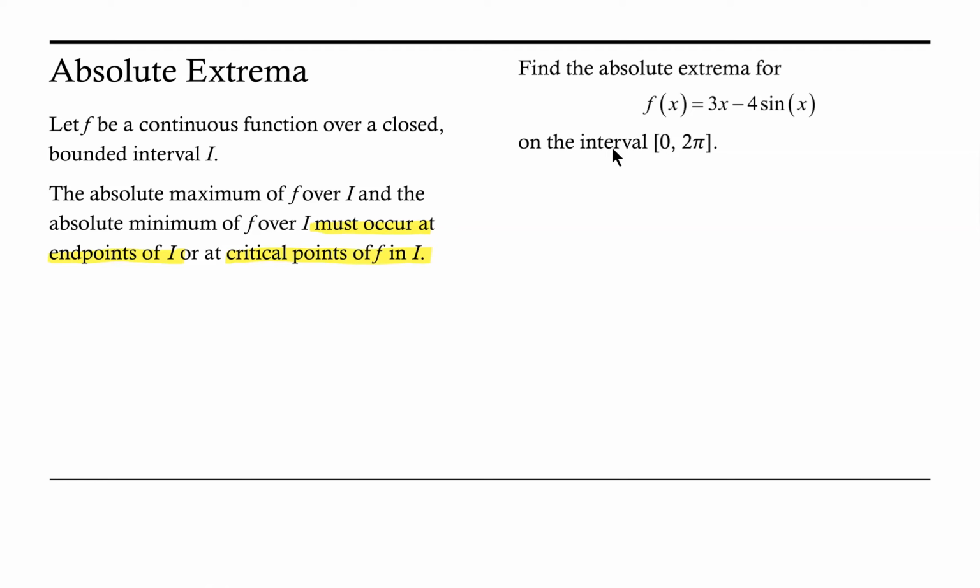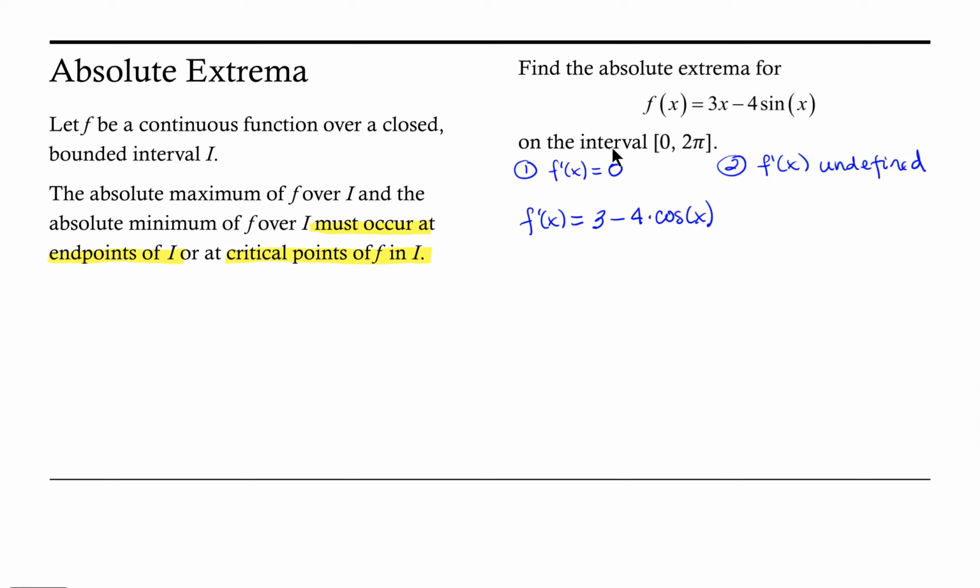To find the critical points of the function, we need to investigate two scenarios. The first is where does the derivative of the function equal 0? And the second is where is the derivative undefined? So let's go ahead and find the derivative of our function. f prime of x is equal to 3 minus 4 times the derivative of sine of x, and the derivative of sine of x is cosine of x.